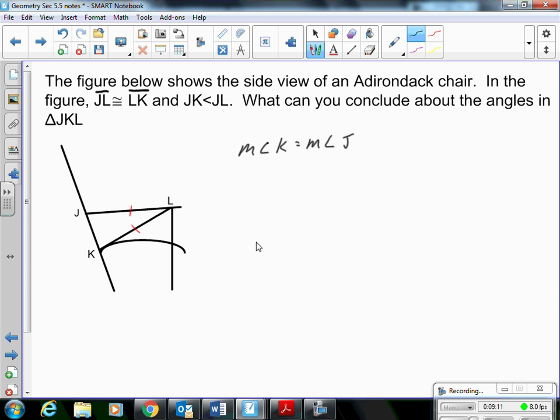So I can say that the measure of angle L is less than the measure of angle J, and the measure of angle L is less than the measure of angle K. So K and J are the same, and L is less than both of the other angles.